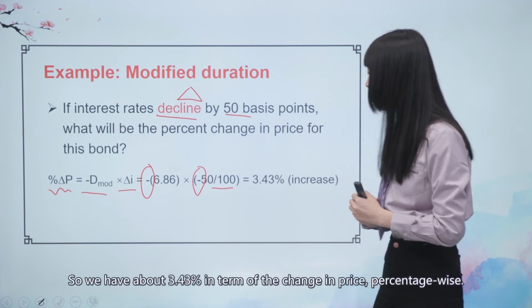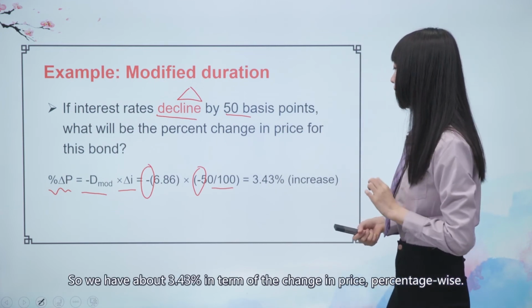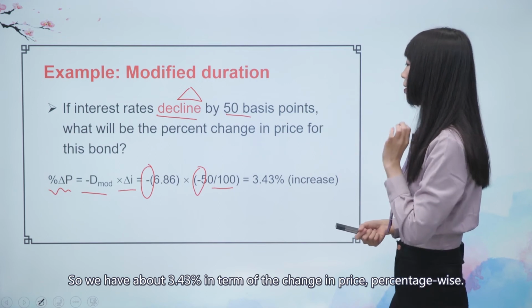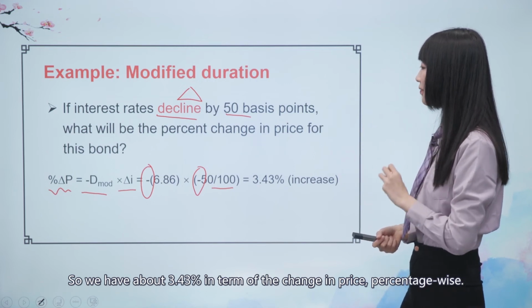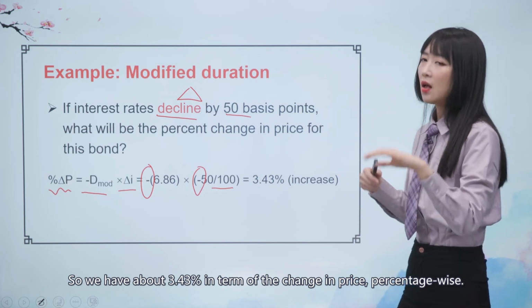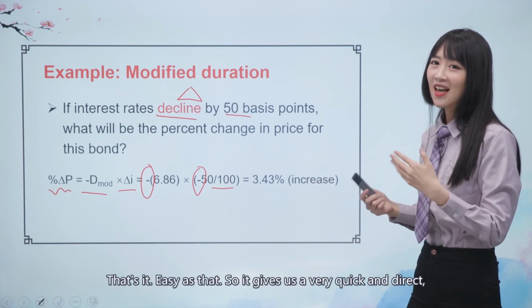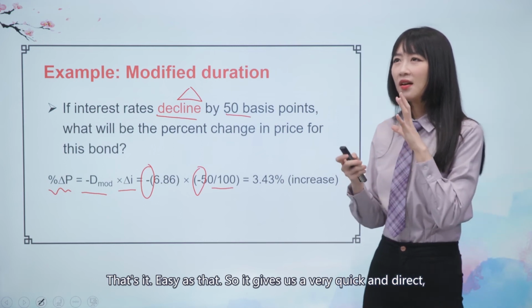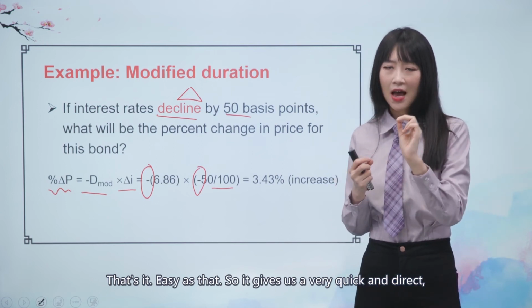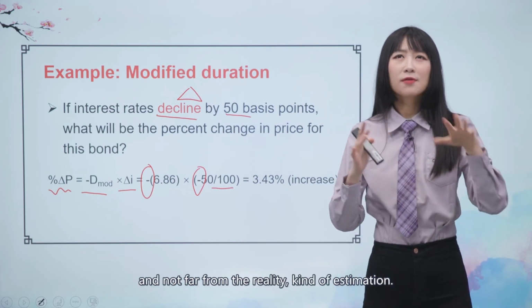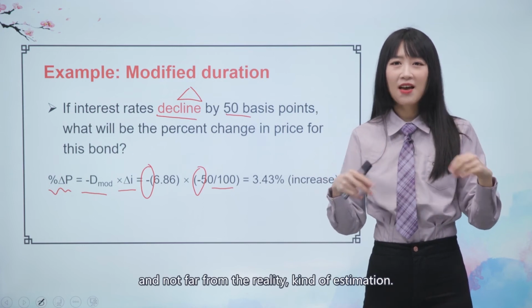So, we have about 3.43% in terms of the change in price, percentage-wise. That's it, easy as that. So it gives us a very quick and direct estimation, not far from reality.